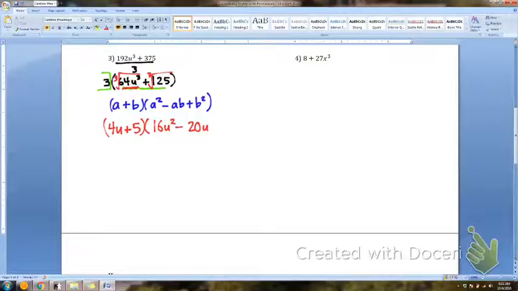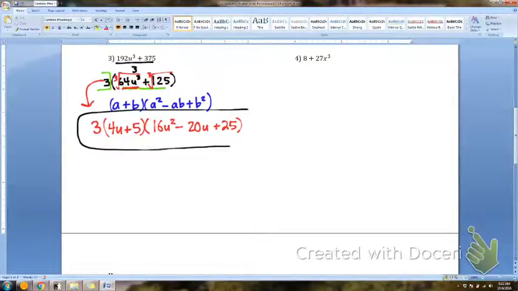We need to subtract it. Take the b value now and square it, so 5 squared, 25. The only thing we are missing now is that 3 from up above, so I'll bring my 3 down out front. This is going to be my answer. 3 times 4u plus 5 times 16u squared minus 20u plus 25.